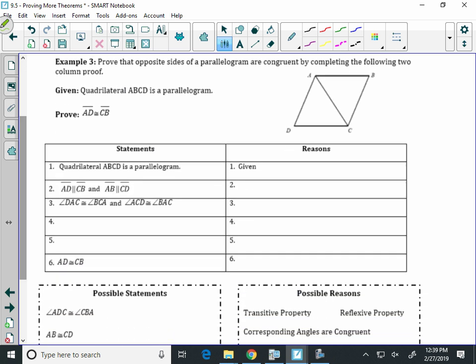We are going to prove that opposite sides of a parallelogram are congruent by completing this two-column proof. So just think, I'm just completing a two-column proof, proving two triangles are congruent. That's all you're doing. So when we fill everything in, they filled in my given, they filled in our last reason. We are proving parts congruent. So what is our reason every single time?